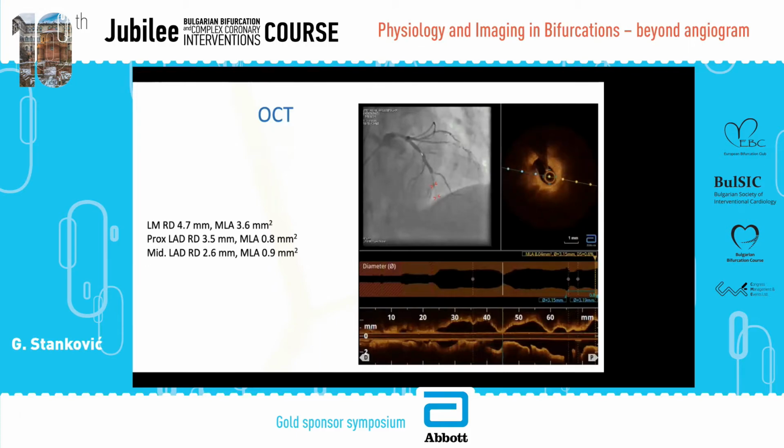In that bifurcation, again, tight narrowing, a large plaque burden, not that much calcium, and then we approach proximally the left main, and we see clearly that while approaching the left main, we have significant disease throughout the LAD, tight narrowing here at the bifurcation site, and significant disease with low area inside the left main.